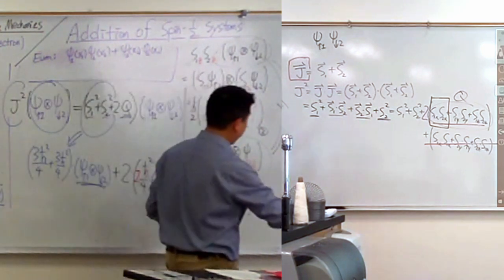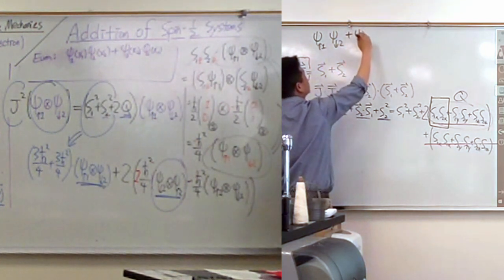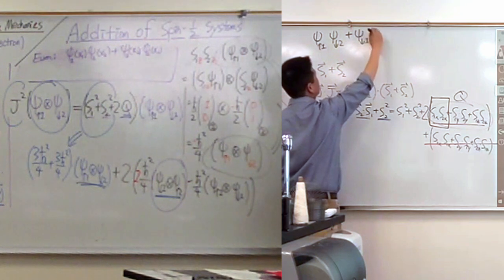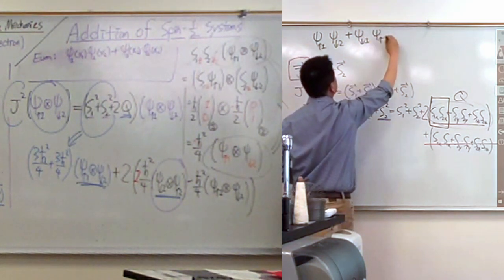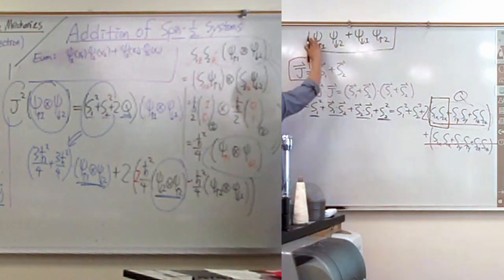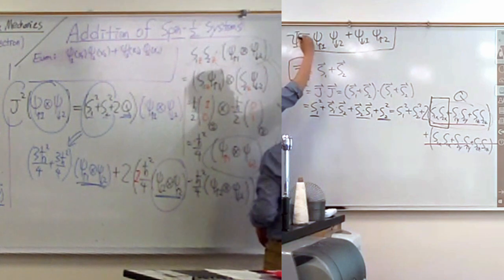So let's add the swapped version in advance: spin down 1, spin up 2.